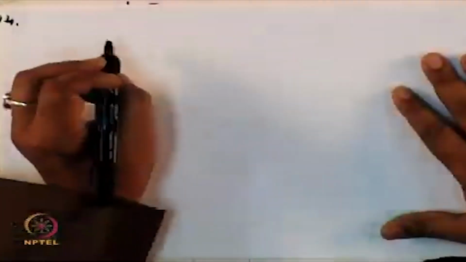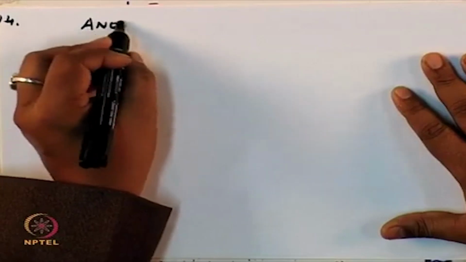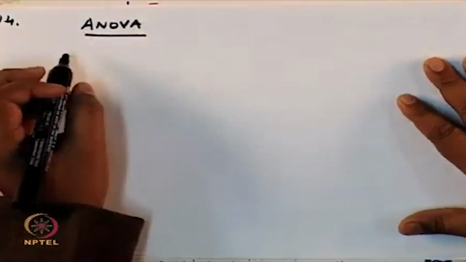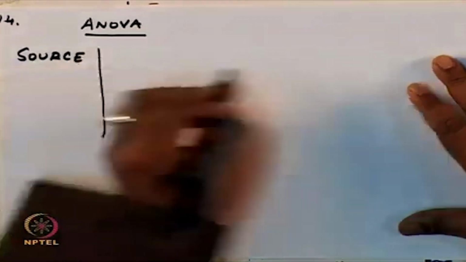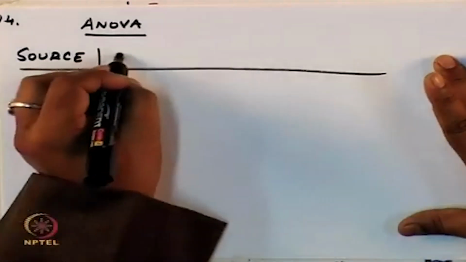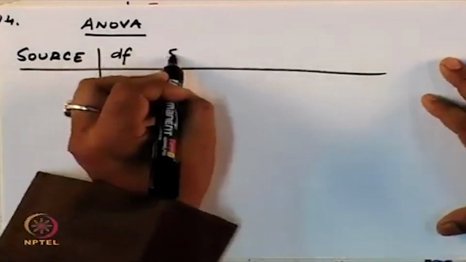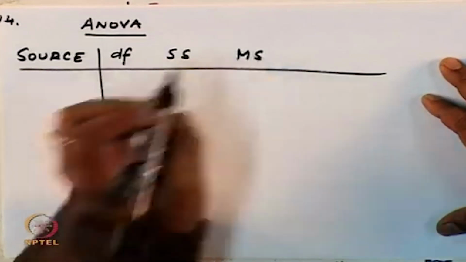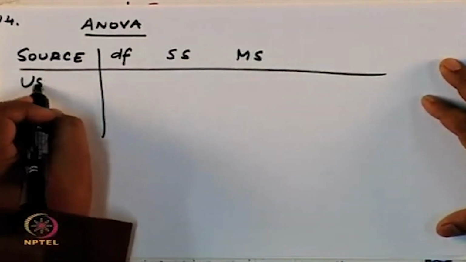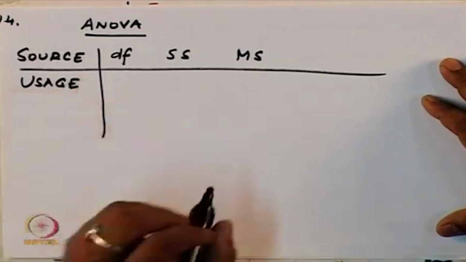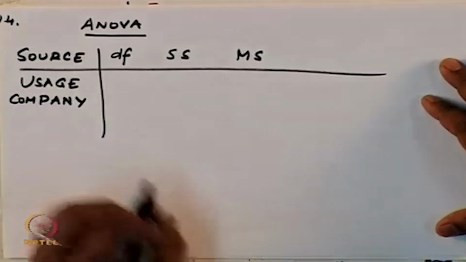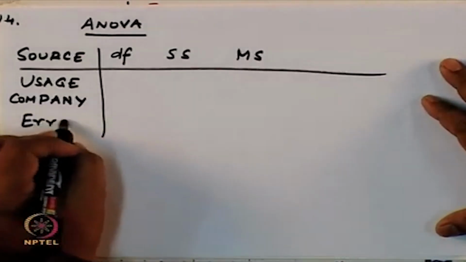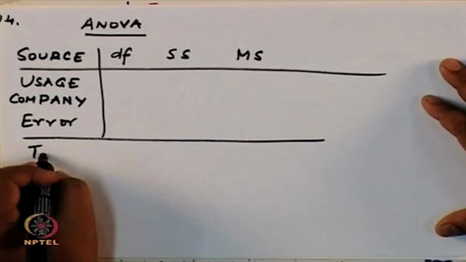Your ANOVA table, your source: you have two treatments now, usage and company. Then you have error, and then the total.